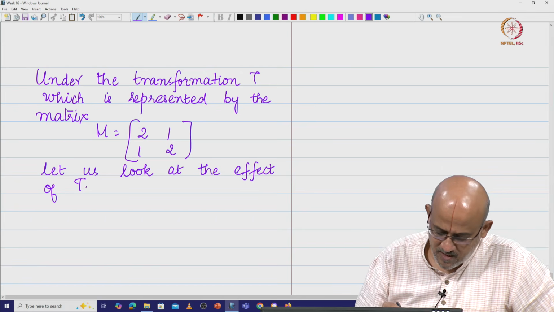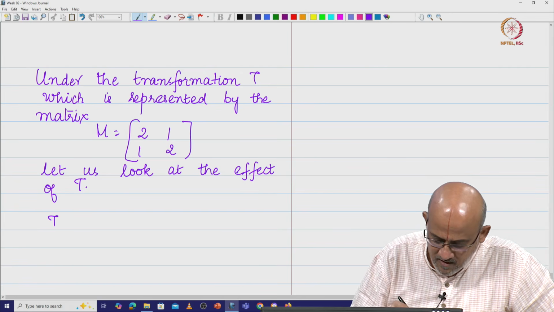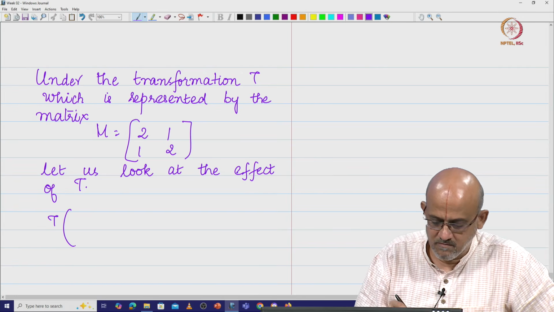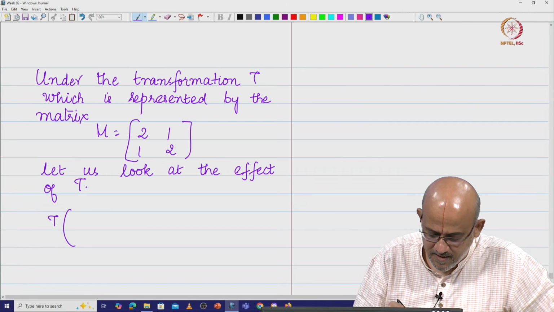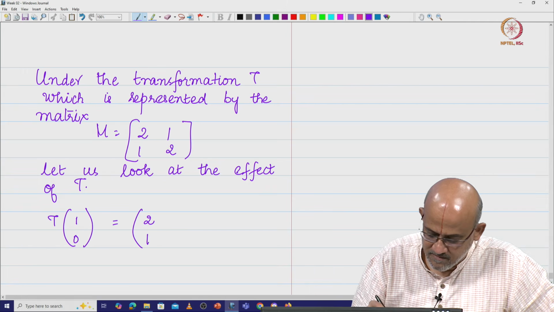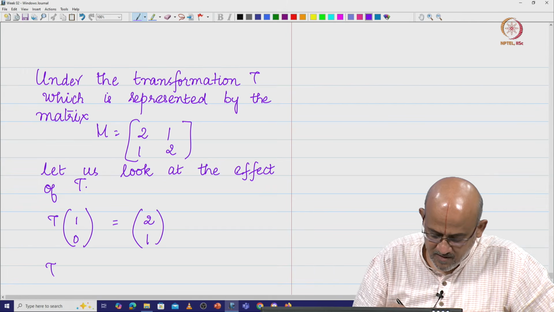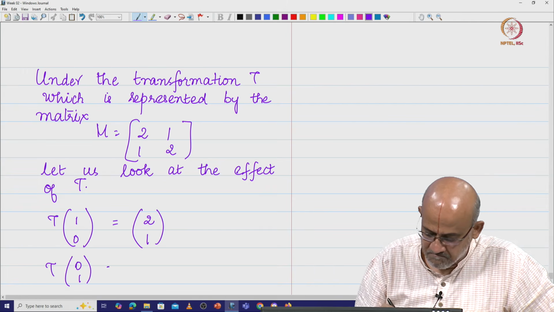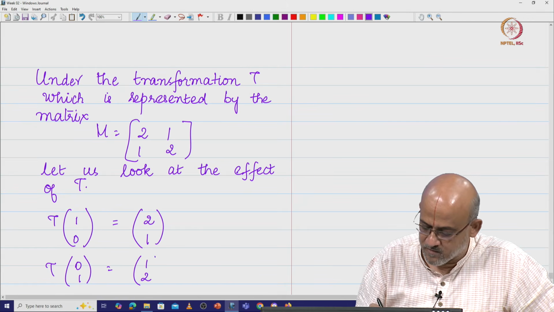What does this mean? I want to look at the effect of this transformation T on the vector (1, 0). We already know this is going to give me (2, 1). The effect of this transformation on the vector (0, 1) is going to give me (1, 2).